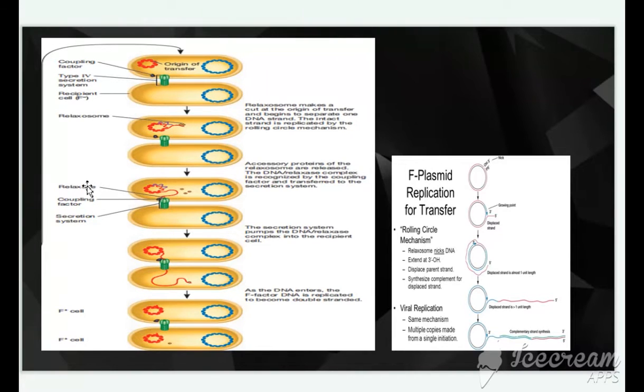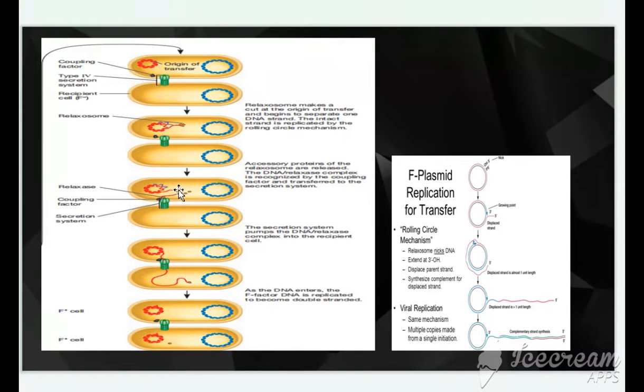To show it the location, there is a coupling factor. What is this coupling factor? A person who helps this blind person. This coupling factor comes, holds the relaxase by the hand and takes it to the location, showing that this is where you have to enter the recipient cell and perform your work. Right? Clear?